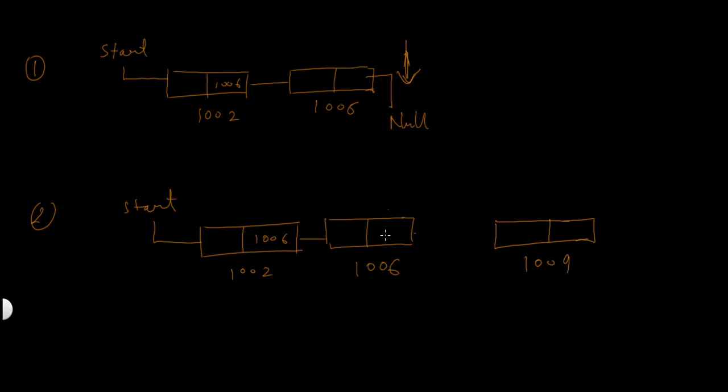So now the link part of this node should change, because the link part of this node should now store the address of its next node, which is this. So both these nodes will be linked, and the new node which is added at the end becomes the last node in the list, and the link part of the last node is always null.